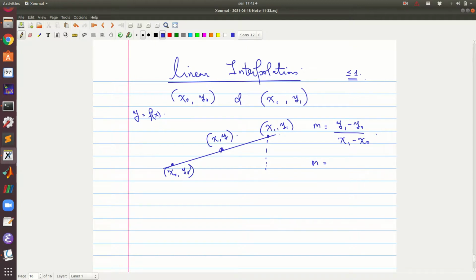So if I take the gradient between these two points, this is going to be the change in y divided by the change in x.